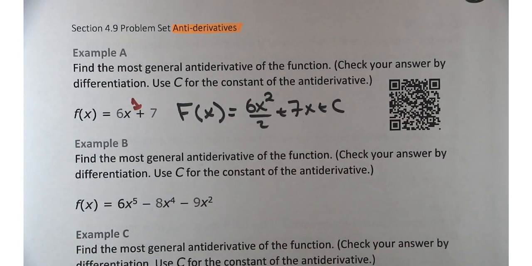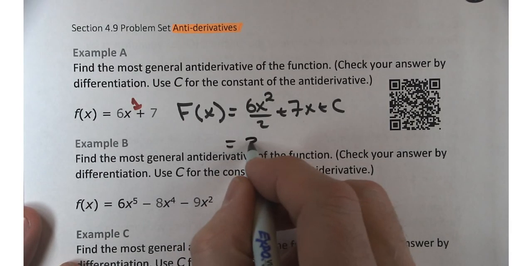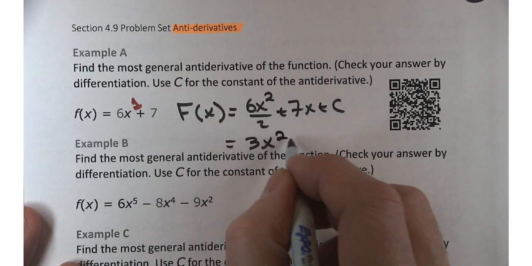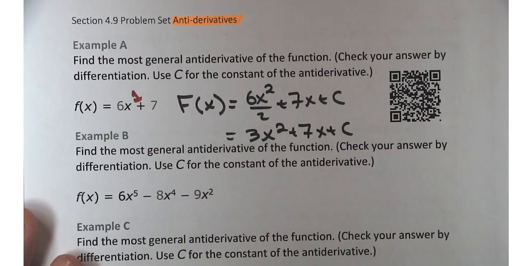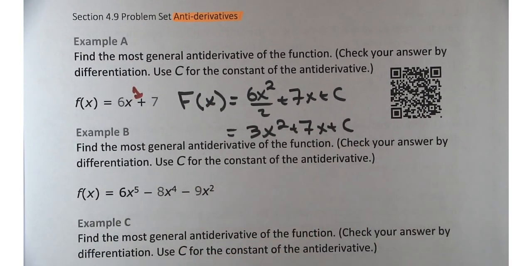It's kind of funny, but at this point moving forward in your math career, constants are going to get really abused. You're just going to be really kind of sloppy and loose with constants. And for me, there's a little bit of pleasure in that. But overall, we are going to get pretty loosey-goosey with our constants. So we end up with 3x squared plus 7x plus c. Nice.